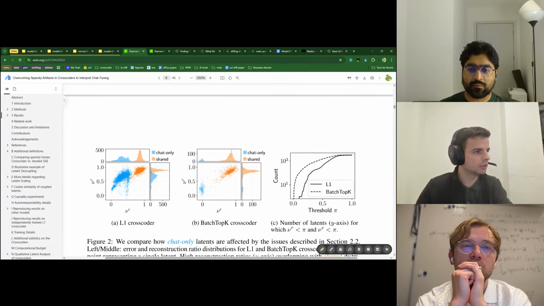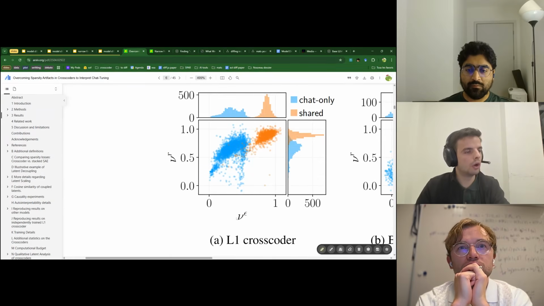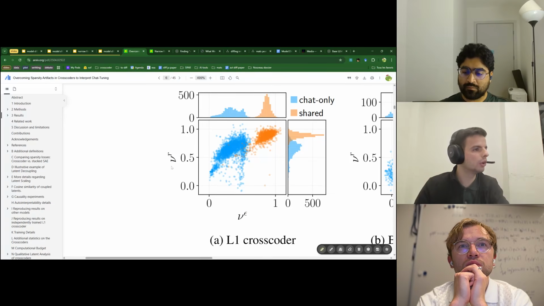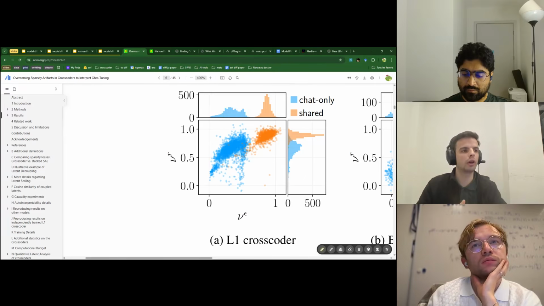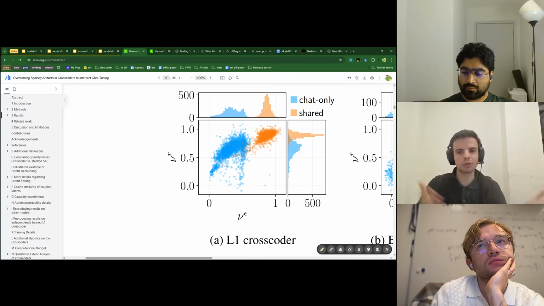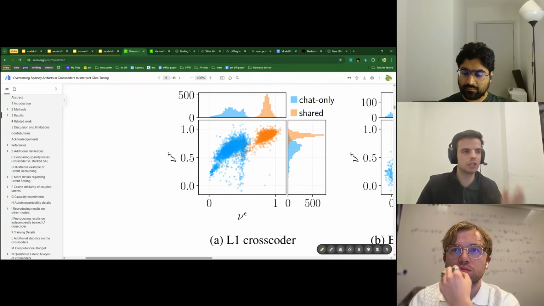If we plot those 2 metrics, at the bottom, this is the metric we use to measure complete shrinkage, when a base model decoder goes to 0 while it should not. And on the y-axis, it's to measure latent decoupling, where you decouple latents instead of learning a truly specific one. If a crosscoder was perfect, everything would be in the top left, because we would have neither complete shrinkage nor latent decoupling.